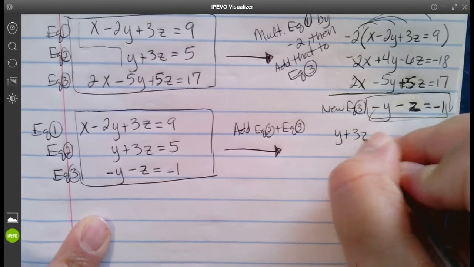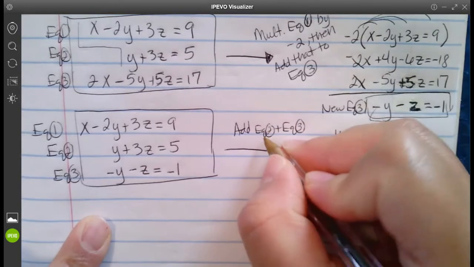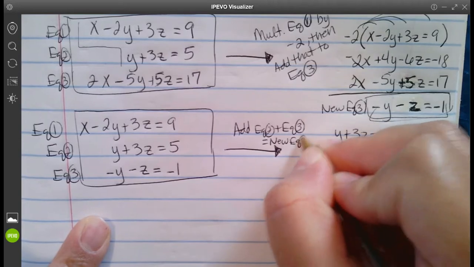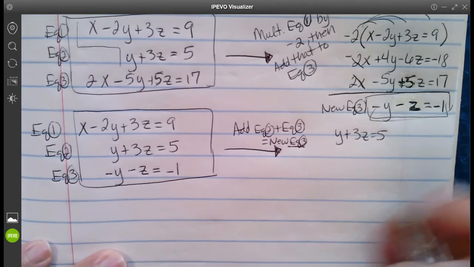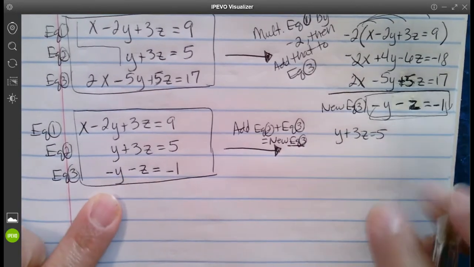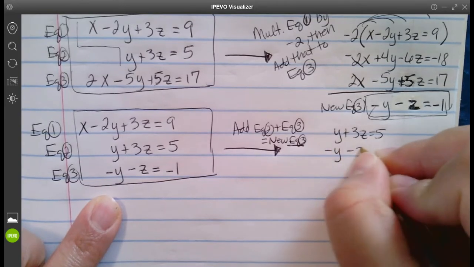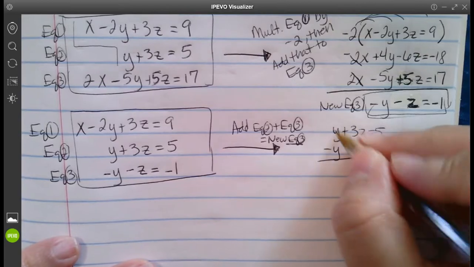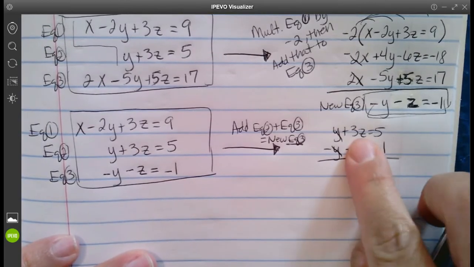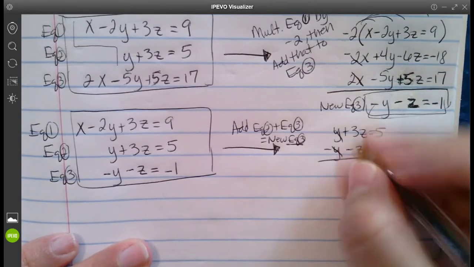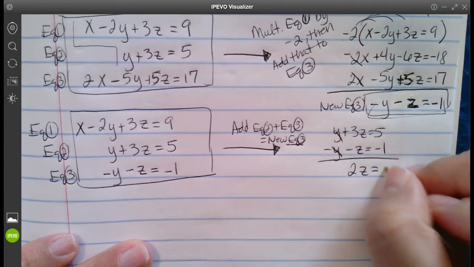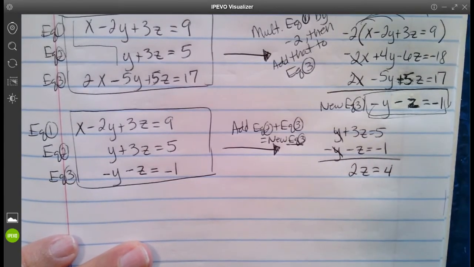Okay, so here's what that's going to look like. y plus 3z equals 5, and this is going to equal our new equation 3. Okay, so y plus 3z equals 5. Negative y minus z equals negative 1. Okay, those guys are gone. 3z minus z is 2z. 5 minus 1 is 4.